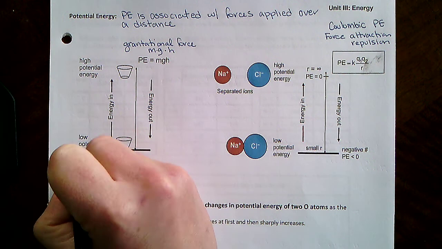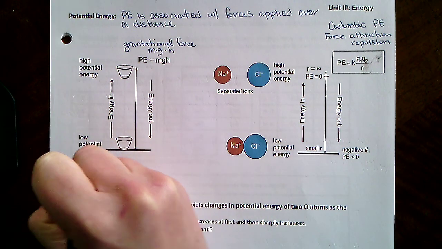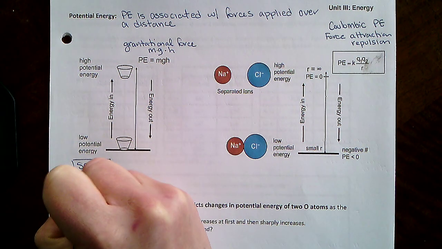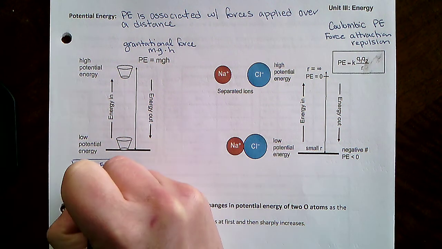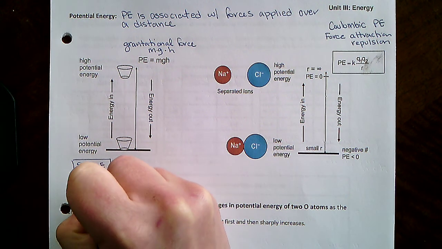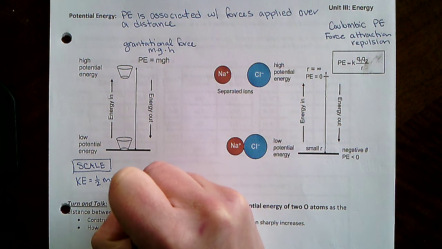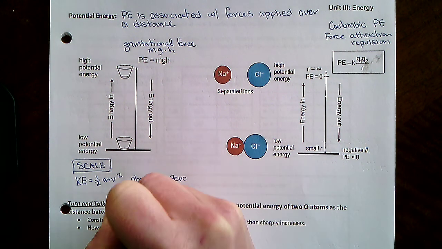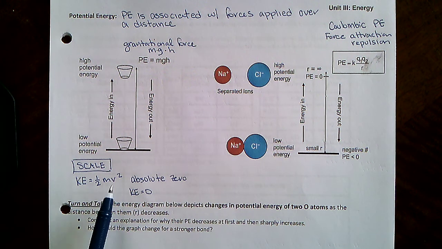Now, I want to talk about the scale for a second. When we've discussed kinetic energy, the energy that is a result of motion, moving particles, we've said 1/2 mass times velocity squared. So kinetic energy has an absolute zero. Right? Kinetic energy is equal to zero when what?